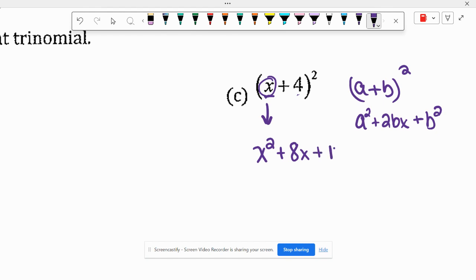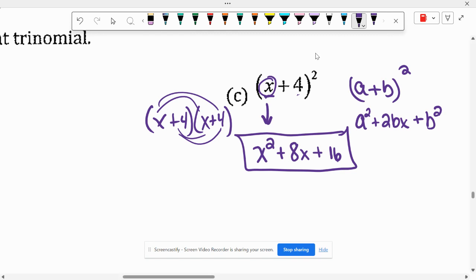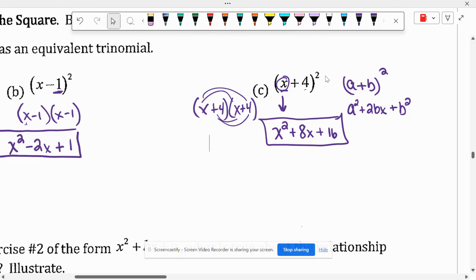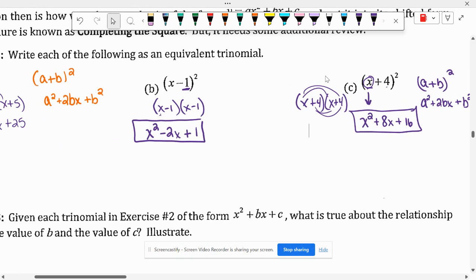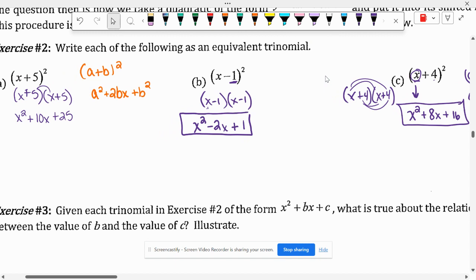What's 4 squared? There you go. That's what this becomes. Now, there's nothing wrong with writing out x plus 4 times x plus 4 and using FOIL or even the box method if you want. But I want you to know that this has a pattern to it. There was a trick that you learned early on. So that's what those 3 trinomials look like when I square them out.